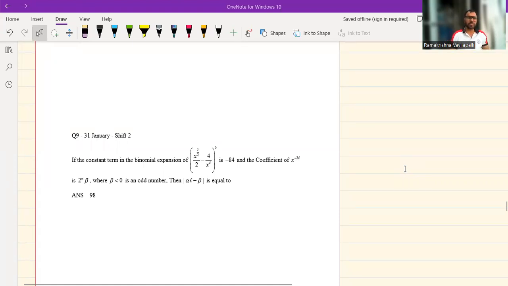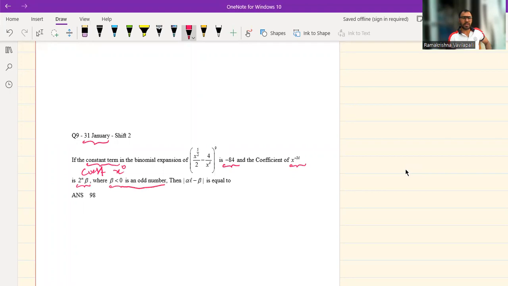Here is another question asked on 31st January 2023. If the constant term, means term independent of x, or you can say coefficient of x power 0, in the binomial expansion is minus 84, and the coefficient of x power minus 3l is 2 power alpha into beta, where beta less than 0 is an odd number.